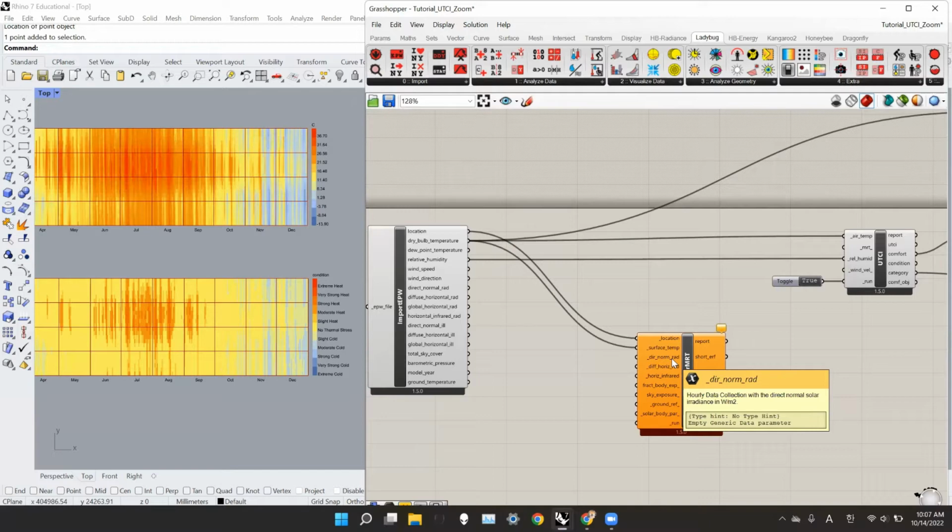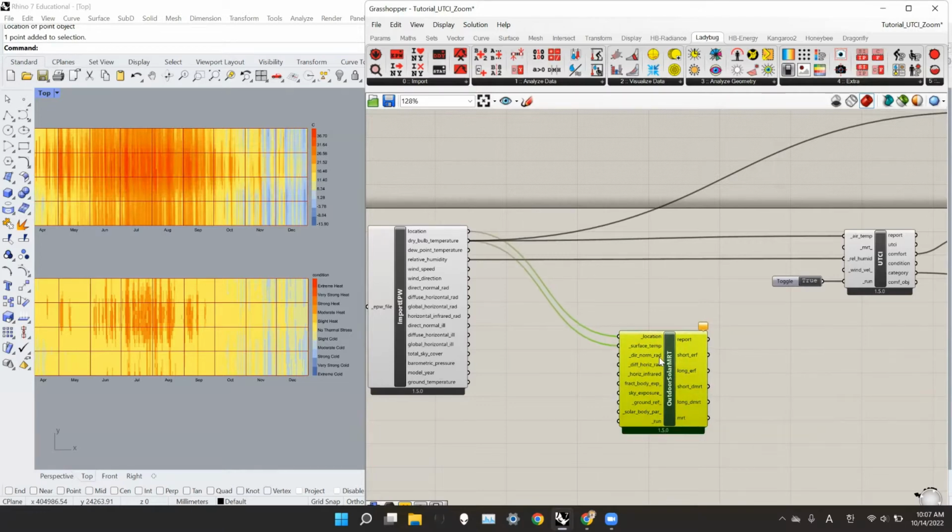Maybe if the weather gets even colder, we may see more people in the sunny area because they want to absorb more heat from the solar radiation. So that's how solar radiation matters in thermal comfort.